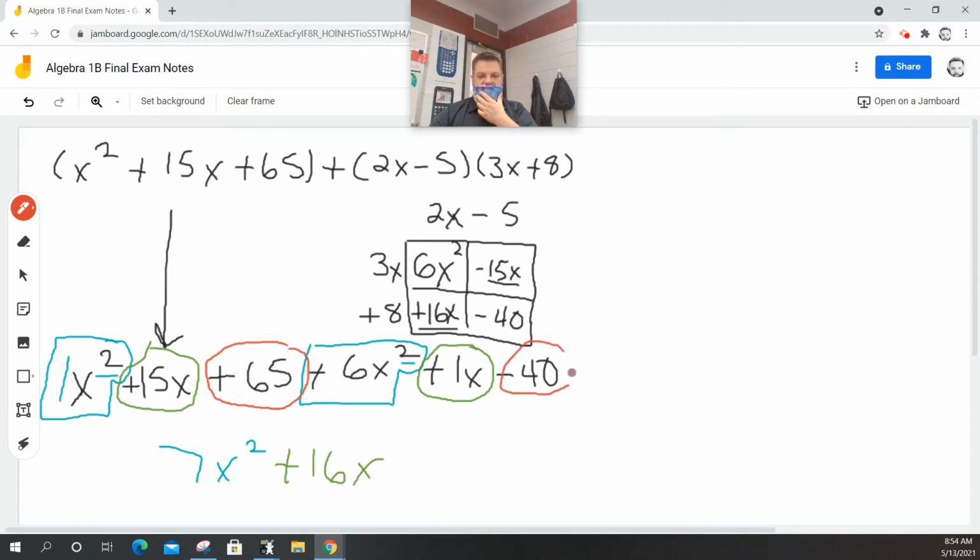Yeah, just the constants, no x's, right? So 65 minus 40 is a positive 25. And guess what? Well, bam with the bacon sizzle. That is the first one.